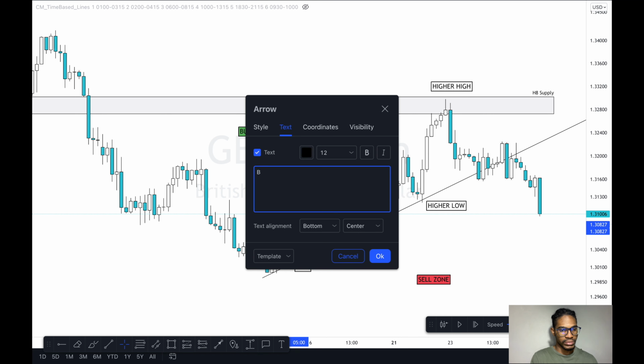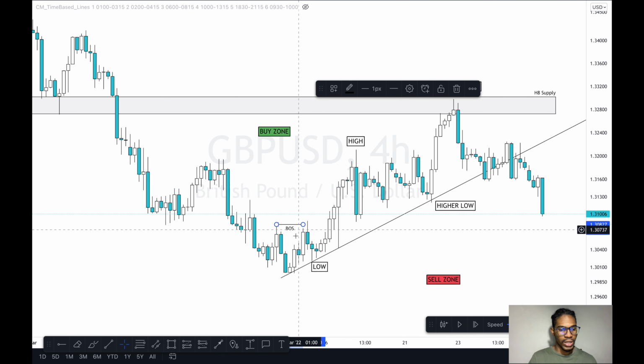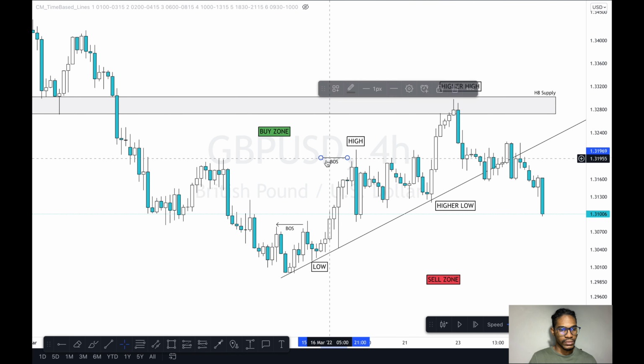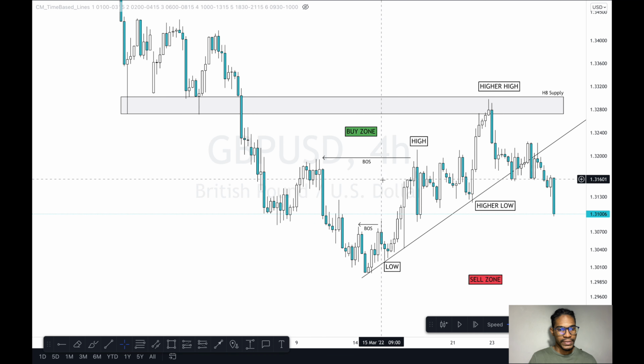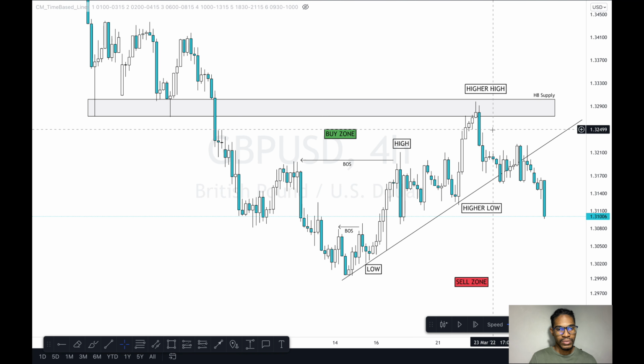I'm going to label it as BOS, break of structure, not only once but twice. Price broke two supply zones. However, when it retested H8 supply right here, it was respected. The supply zone was too strong for price to break out of.